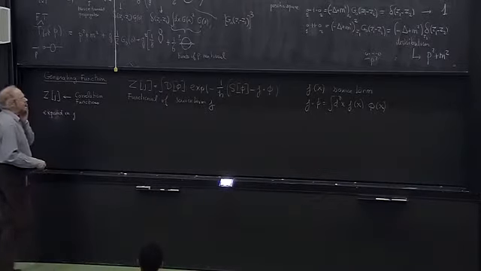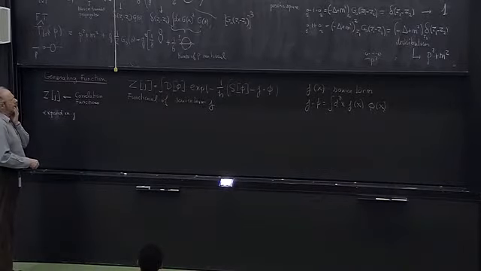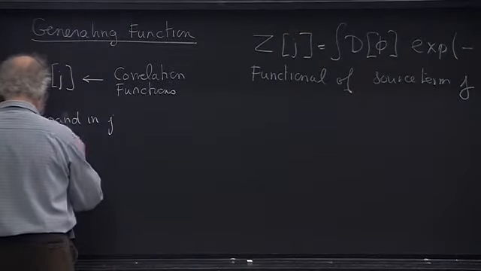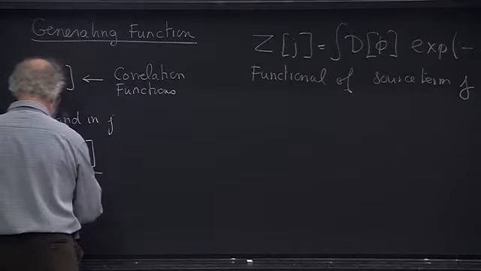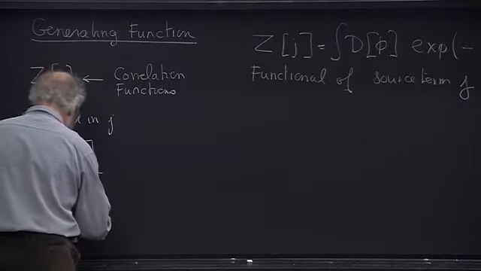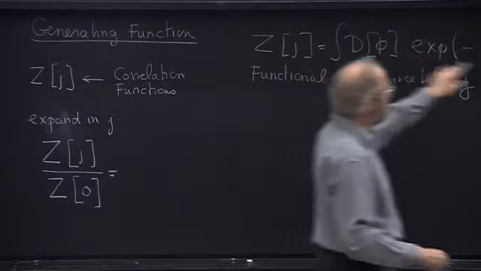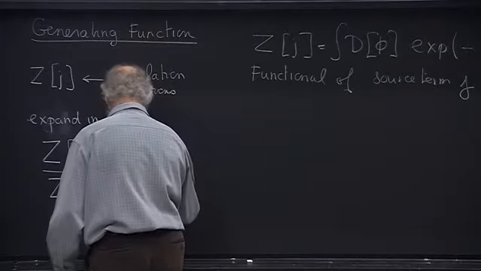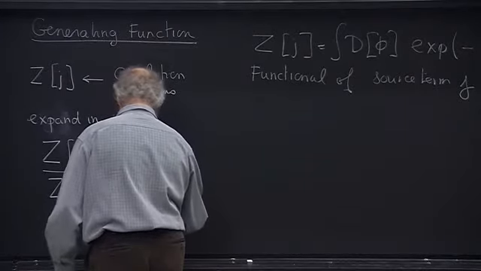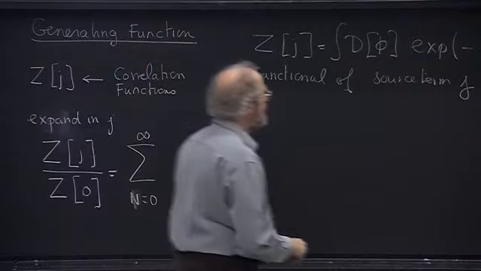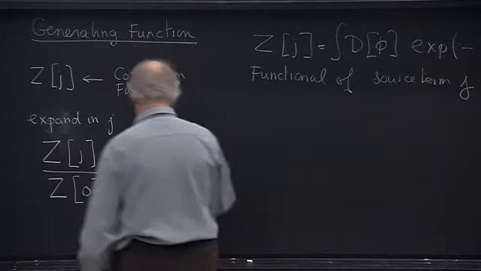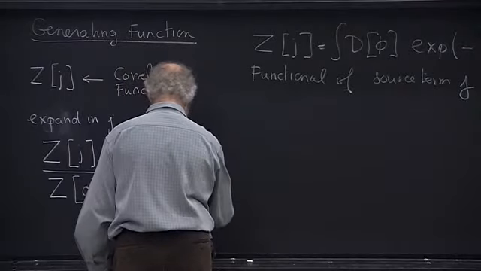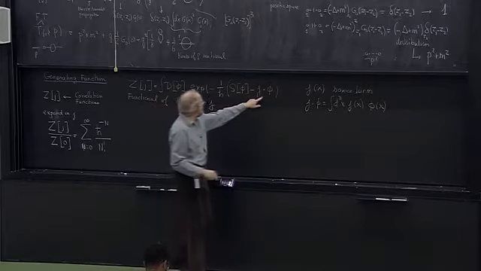So we can write, for instance, that Z of g divided by Z of 0, which is the partition function, where Z of 0 means Z at g equals 0, is just a sum from n equals 0 to infinity of h bar to the power minus n divided by factorial n. I'm expanding the exponential in g.